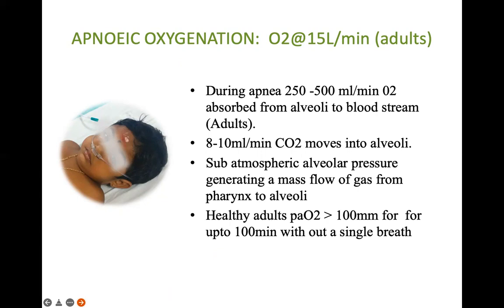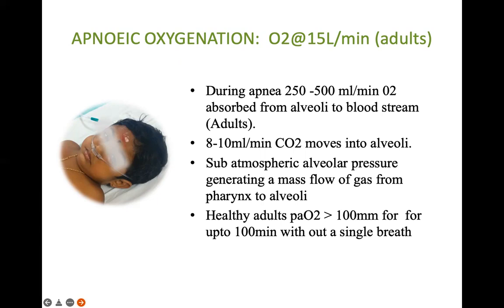Whereas when a patient is not breathing, it's only 8 to 10 ml per minute of carbon dioxide that moves into the alveoli. As a result, because too much oxygen is getting absorbed but too little carbon dioxide is coming out, it will create a subatmospheric alveolar pressure, generating a mass flow of gas from the pharynx to the alveoli.